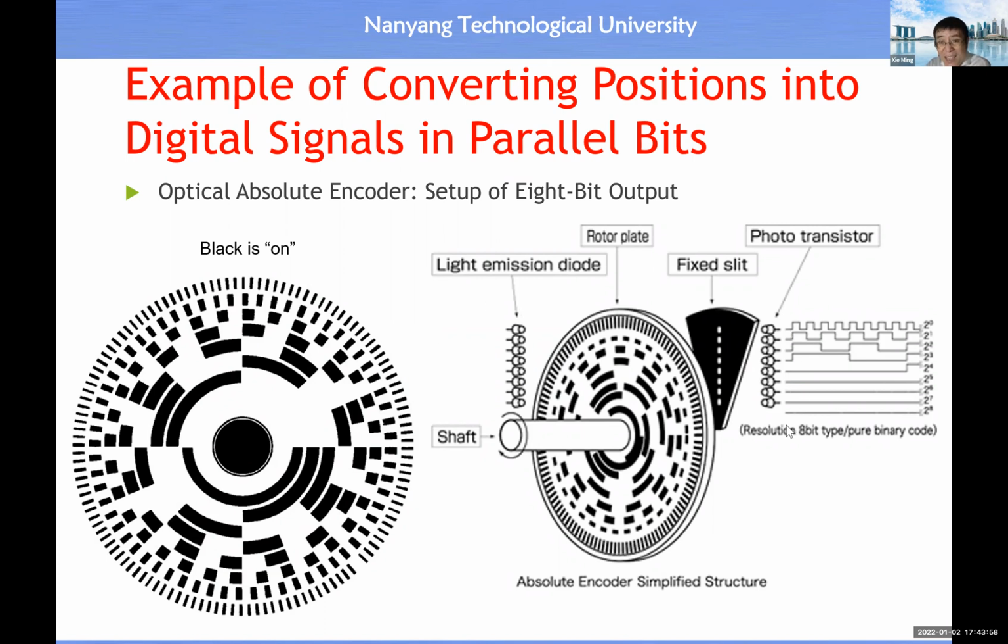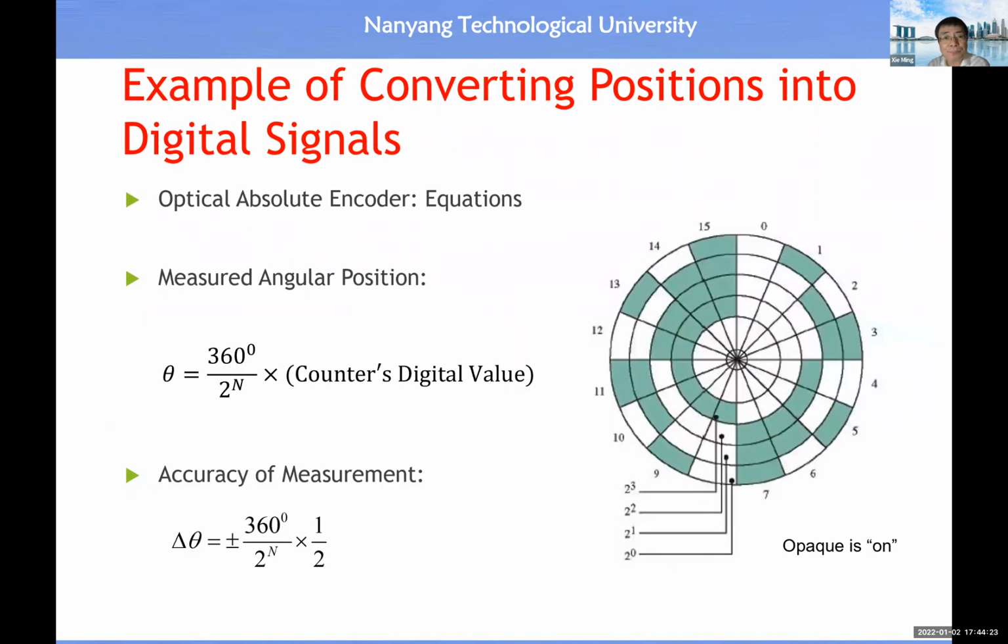By combining the output from these 8 photocells, we have a spatial bit of 8 bits. For each individual cell, it will come out with its own time series, but here the focus is on the spatial pulse, a spatial combination of the digits, or bits.